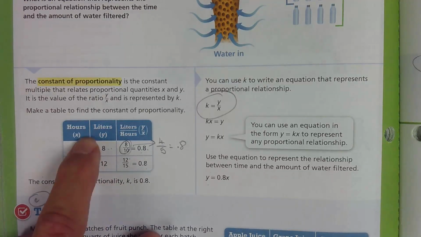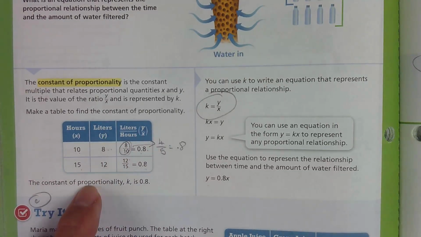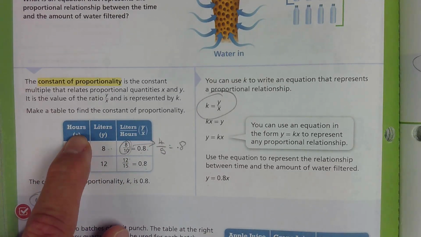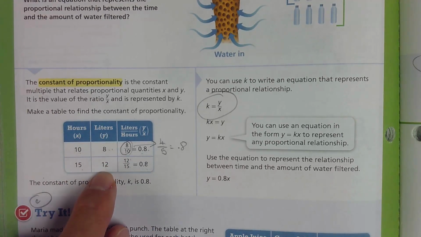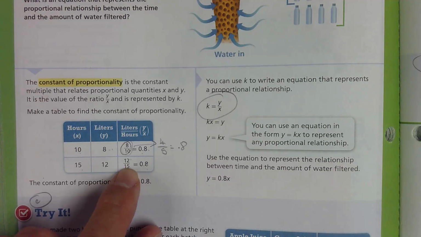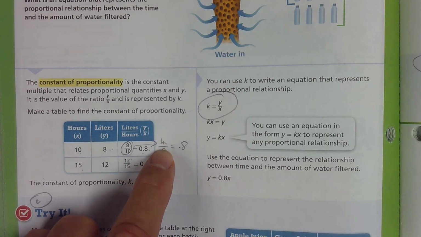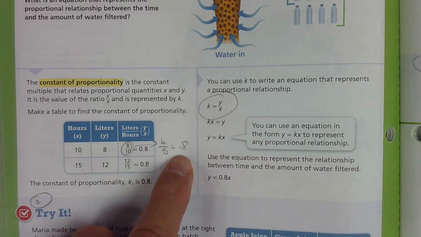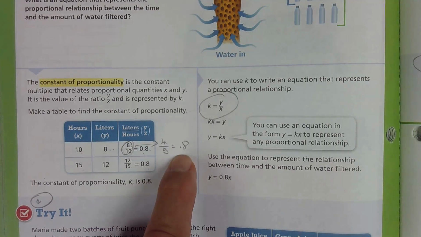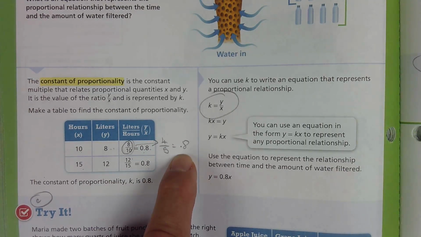And so the other two numbers, hours, were 15, and it ended up being 12 liters, 12 over 15. That would reduce also down to 4/5 or 0.8. So 0.8 is the constant, is the k.